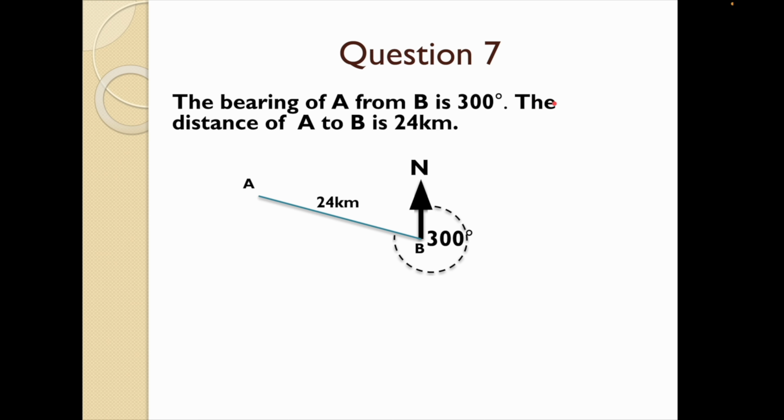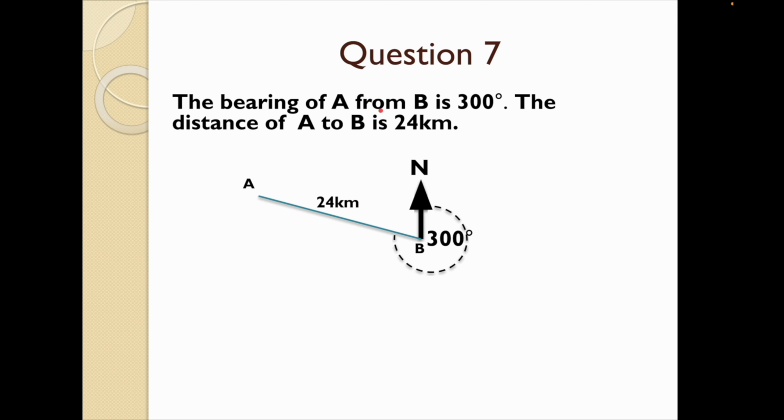But when I'm done, it says the distance of A to B is 24 kilometers. So all I have to do is write 24 kilometers on that line. So we're adding one more step to what we have already been doing so far. This here basically indicates the distance that is traveled and the bearing that is being done.